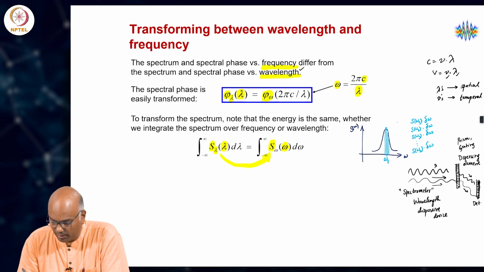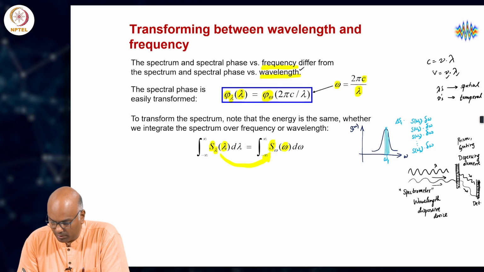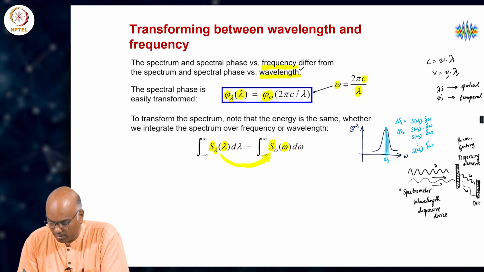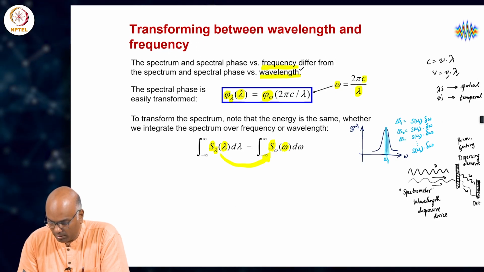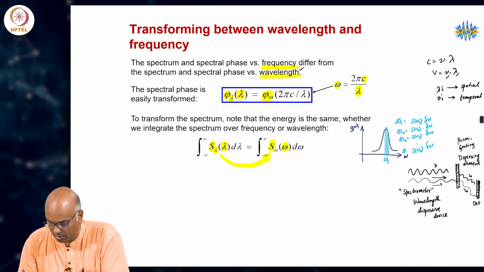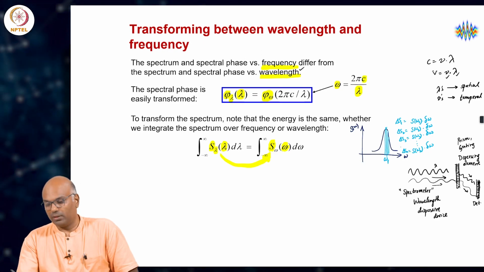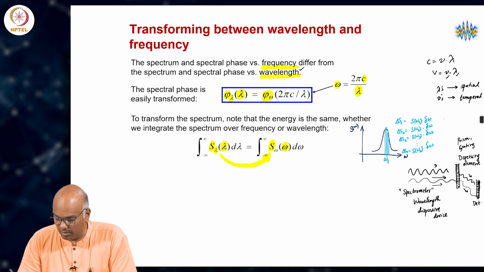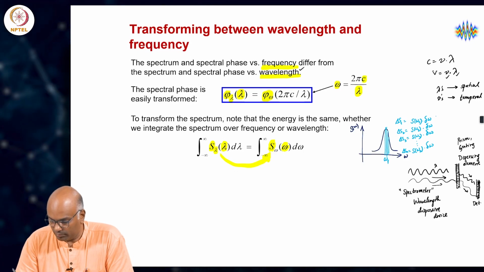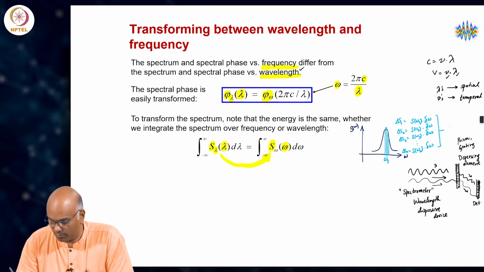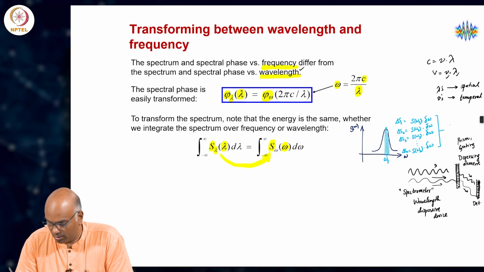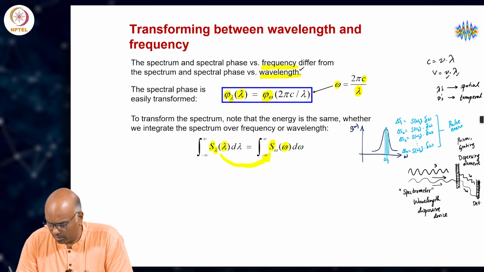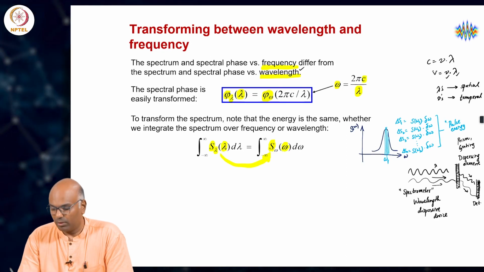So, this would be delta S1, this is delta S2, this is delta S3, up to delta Sn. Add all these deltas and you get what I would call the pulse energy.